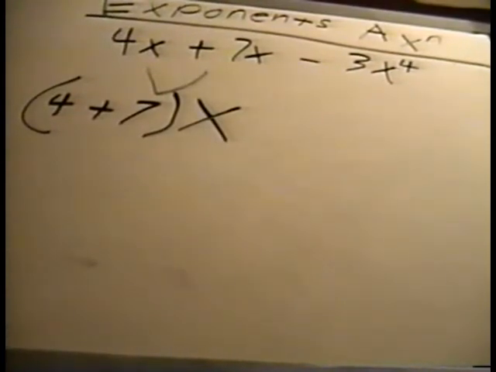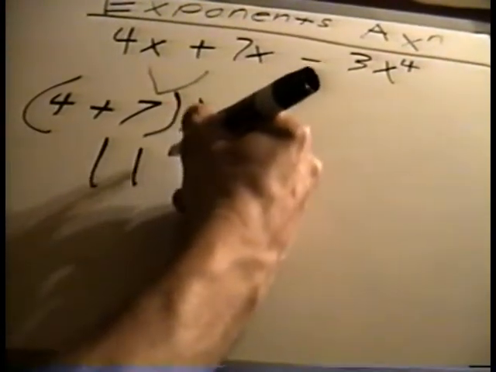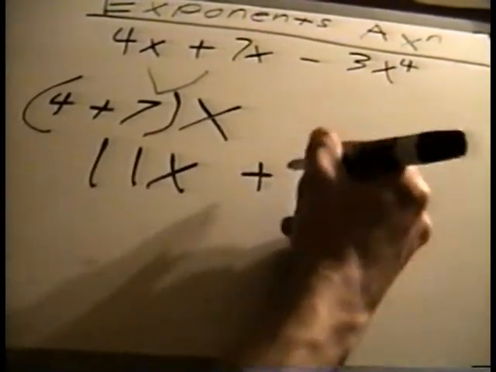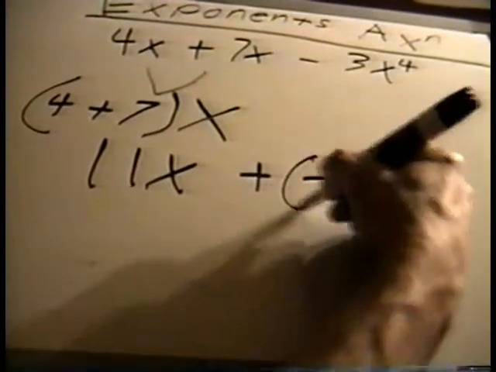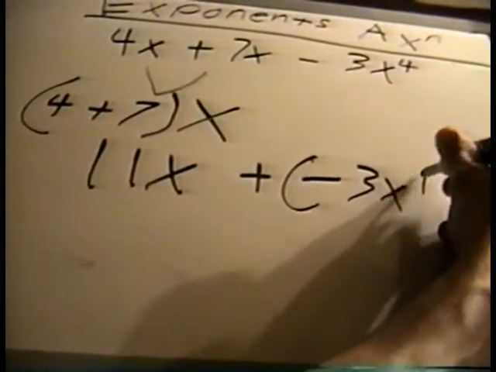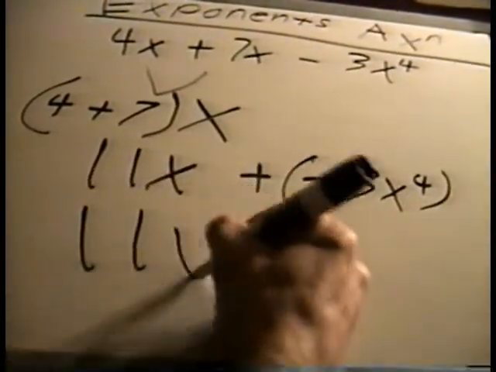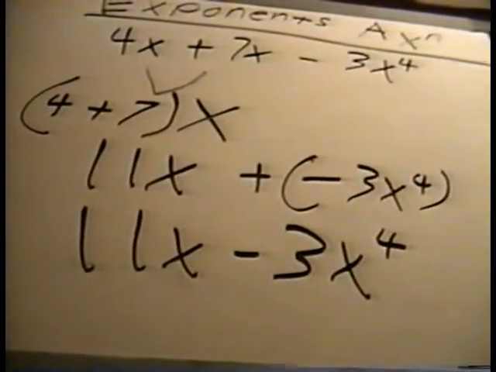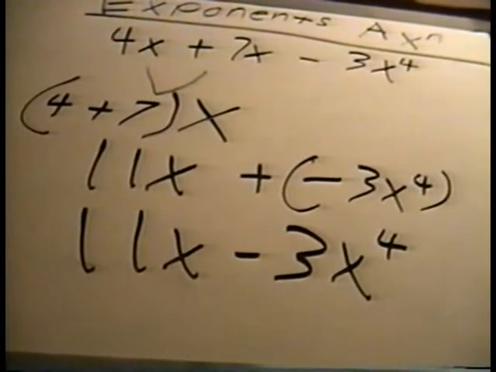We're still dealing with y when you're adding them. So 5y equals y plus y plus y plus y plus y. So 5y plus another y, that's 6y.